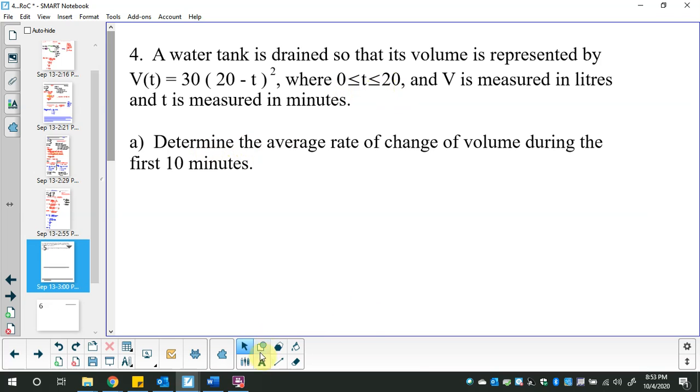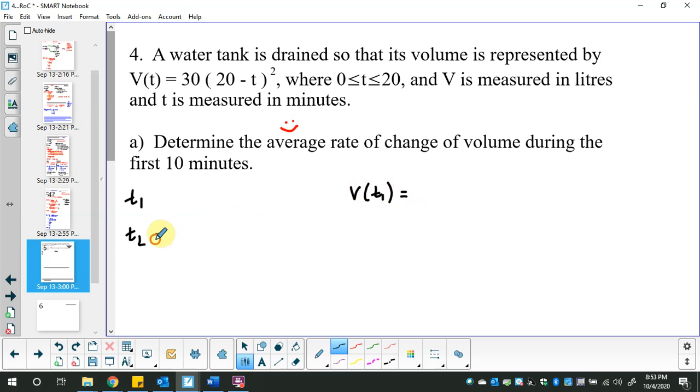So I'm pretty excited by this first question because I see the word average. That means no limits whatsoever. It says determine the average rate of change of volume during the first 10 minutes. So a lot of people will start their list and go all gung-ho and not have the right information in place.